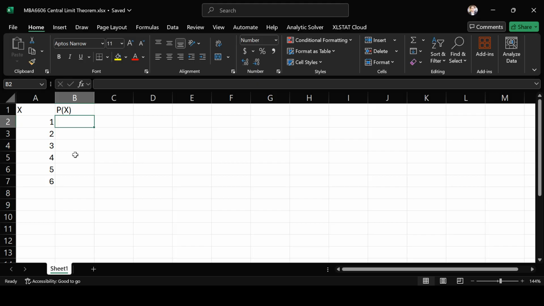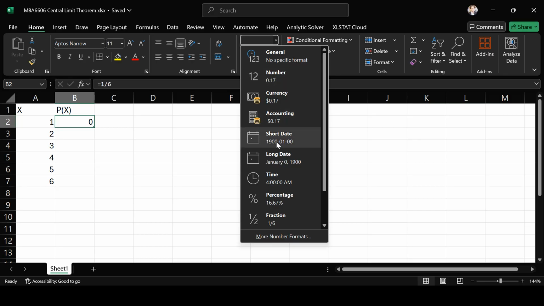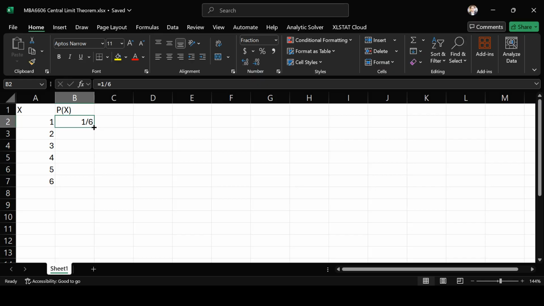So an outcome of 1 is possible among the 6 possible outcomes, so the probability is 1 divided by 6. We represent it as a fraction, and we can put it here for all the 6 outcomes.